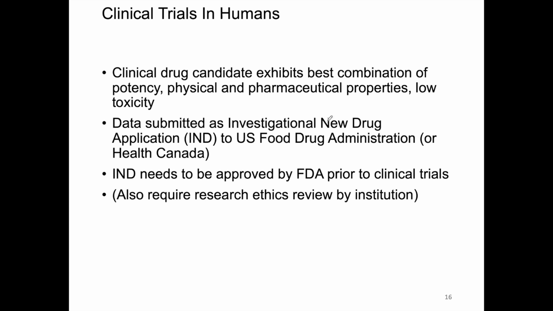And you submit all of that data to the US Food and Drug Administration as an investigational new drug application, and that IND needs to be approved by FDA prior to clinical trials. Obviously, you would then also require ethics approval for the clinical trial, but the ethics approval would be by the university body that is going to facilitate those clinical trials.